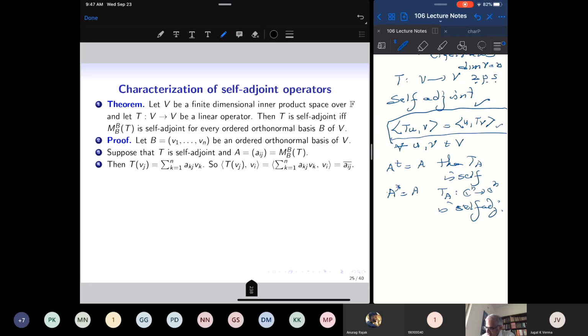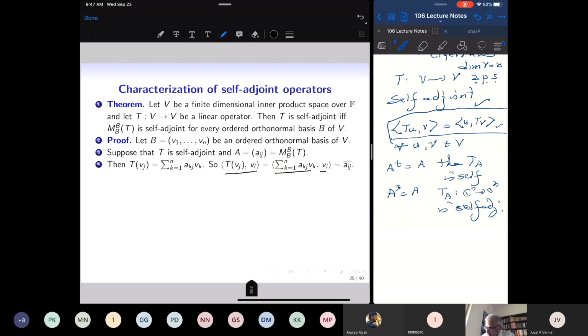And then look at the inner product of TVj with Vi, because to understand the self-adjoint property, we can use this fact that the inner product of TVj with Vi is equal to the inner product of Vj with TVi. Okay, so TVj is this vector, and take the inner product with Vi. The inner product is conjugate linear, and Vi and Vk are perpendicular if k is not equal to i.